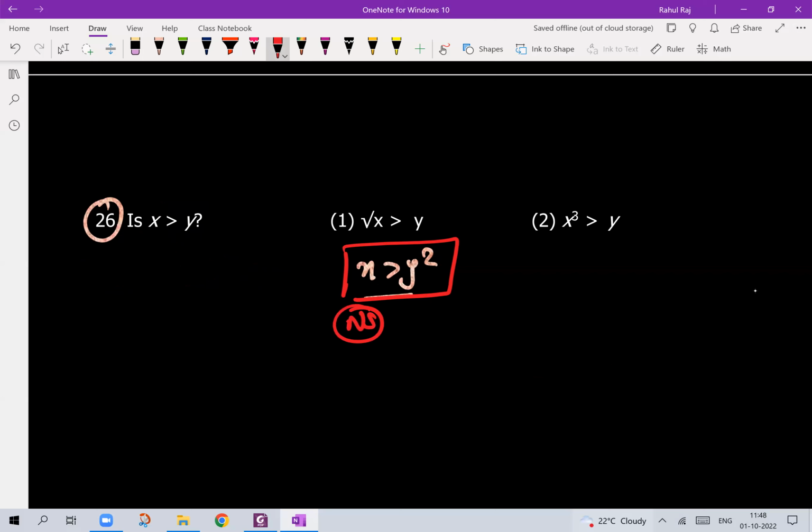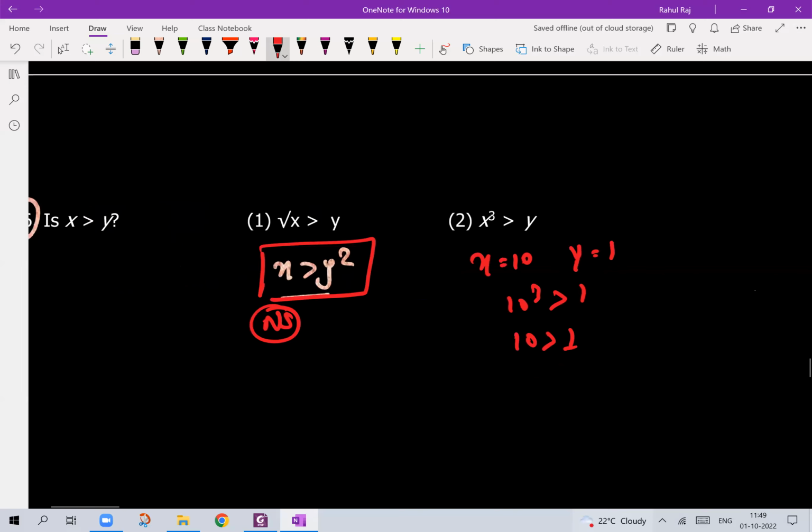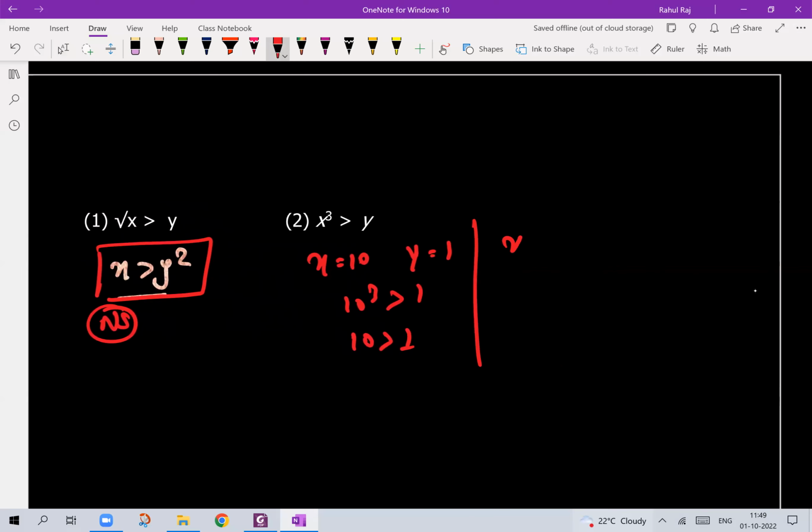It's straightforward. Here it says x cube is greater than y. You will have to 100% check it. Imagine I take x is equal to 10, y is equal to 1. 10 cube is greater than 1 and 10 is greater than 1. Simple logic. Imagine if I take x is equal to 2, y is equal to 3. 2 cube is greater than 3, but 2 is less than 3. Again, I cannot confirm anything about x and y.